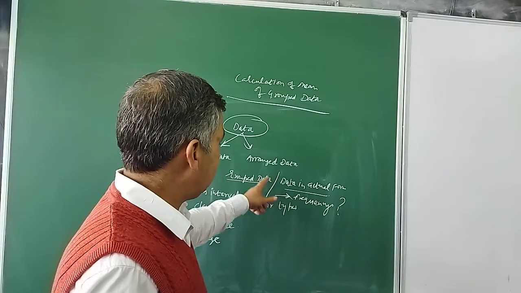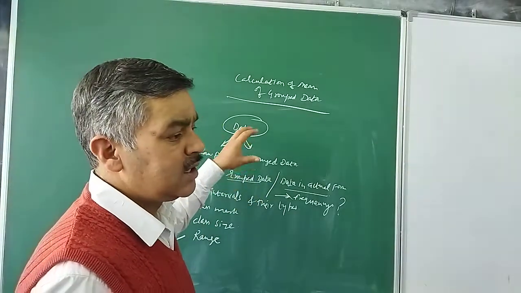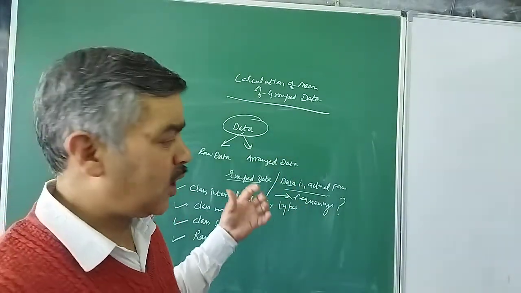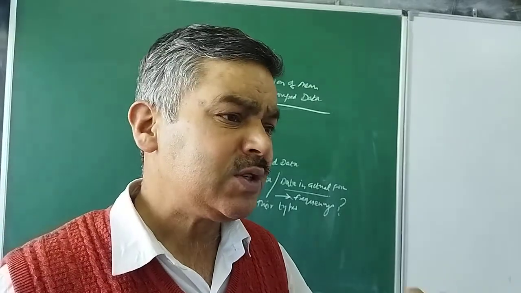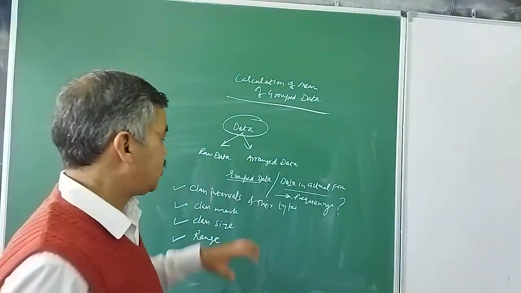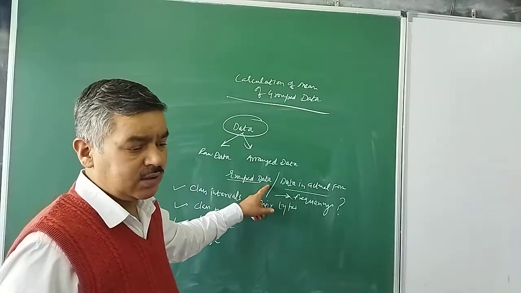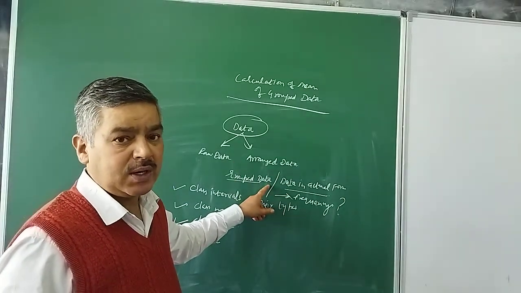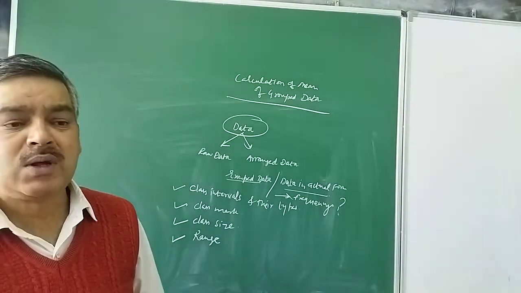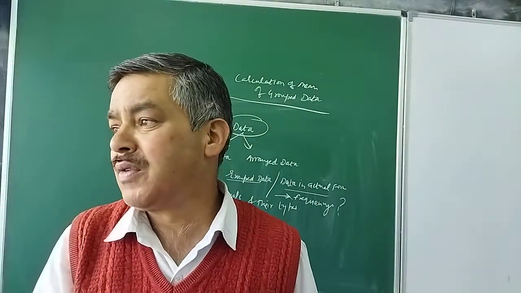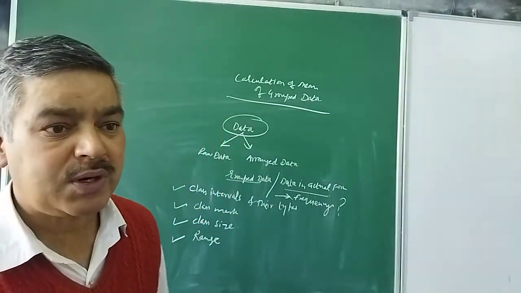So the main difference between grouped data and ungrouped data is, in ungrouped or raw data, the frequency is not given. Once you have mentioned the frequency for the particular item, then it is called grouped data. So in tabular form, you will always find one column where the frequency is mentioned. Then that data is called grouped data.